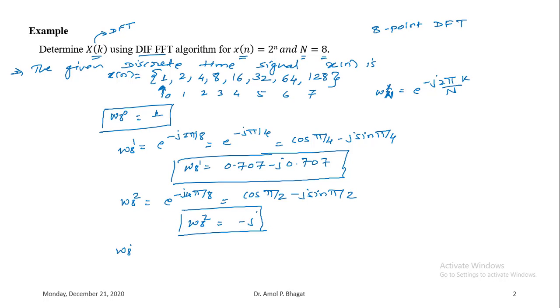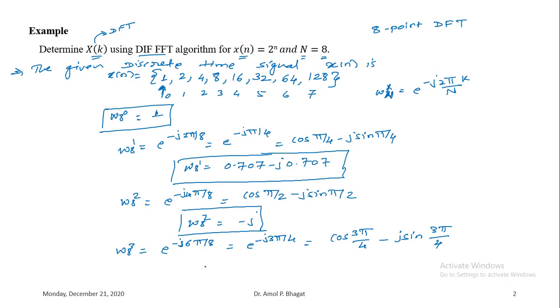And the last Twiddle factor is W8 3, so it is e to the power minus j 3 multiplied by 2 will be 6 pi by 8. Okay, so it is e to the power minus j 3 pi by 4, so it is cos 3 pi by 4 minus j sin 3 pi by 4.